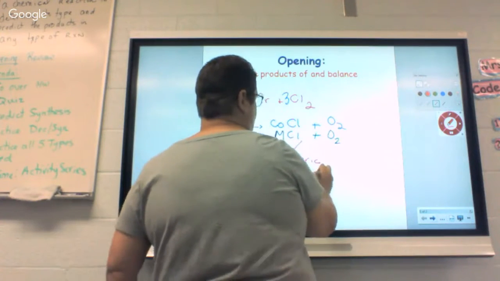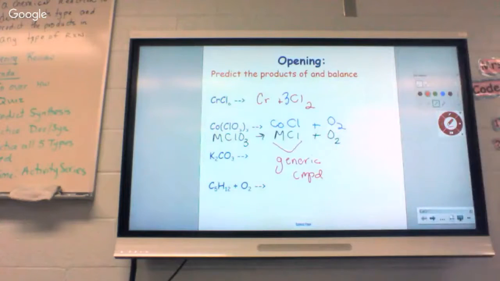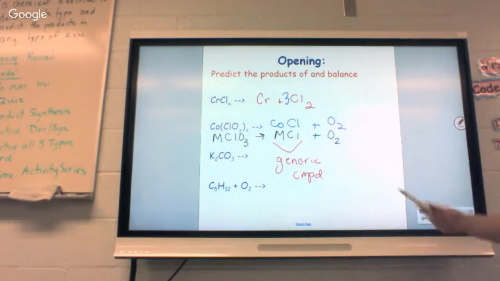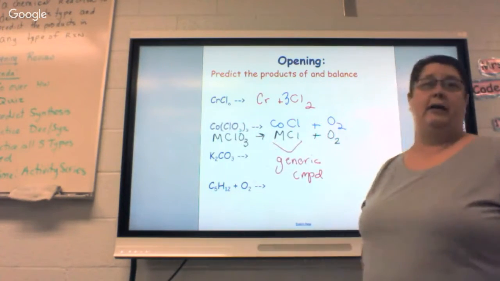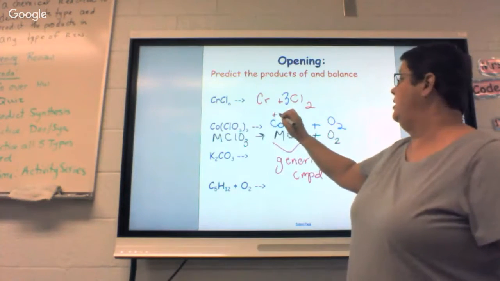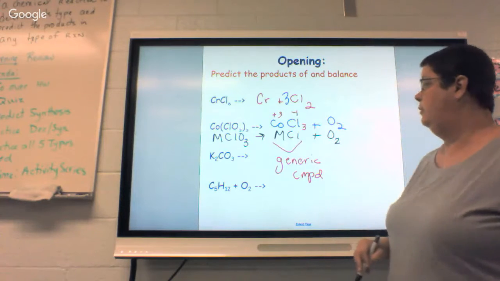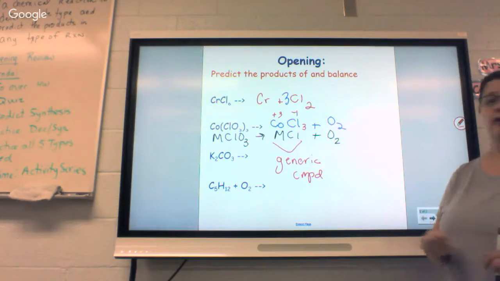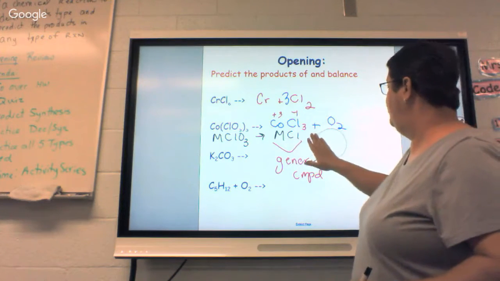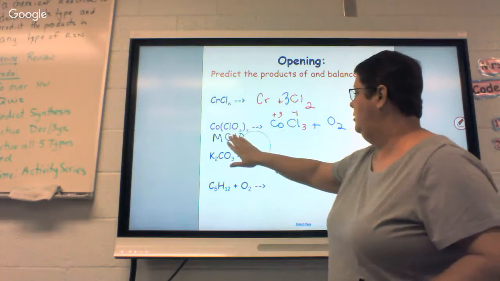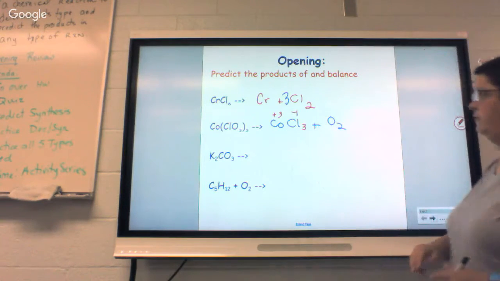So anytime you have a compound, you always have to check the what? We'll have to look up the oxidation numbers and crisscross, and then we're done. So cobalt had what oxidation number over here on this side? So you're going to put plus 3, minus 1 because that's chlorine, and then bring your 3 down, and you've got it. From there, all you have to do is balance your equation.